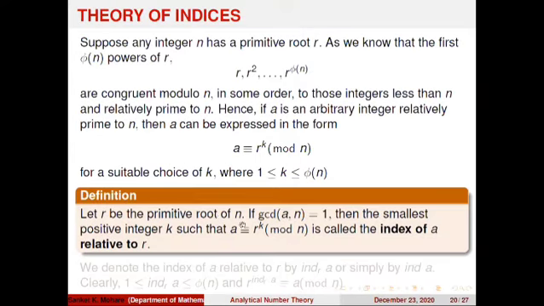Let R be a primitive root of n with GCD of A comma n equal to 1.